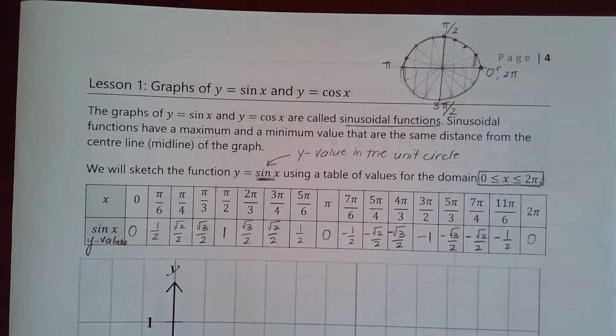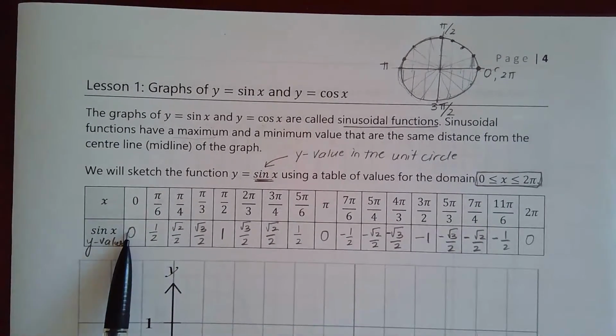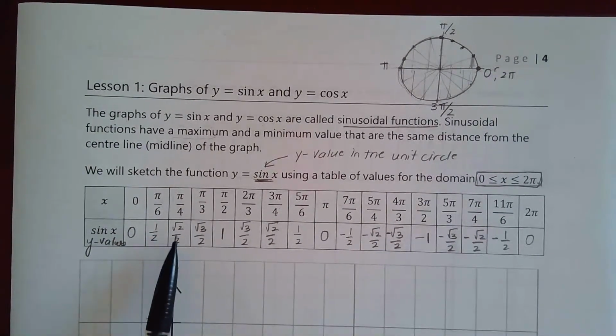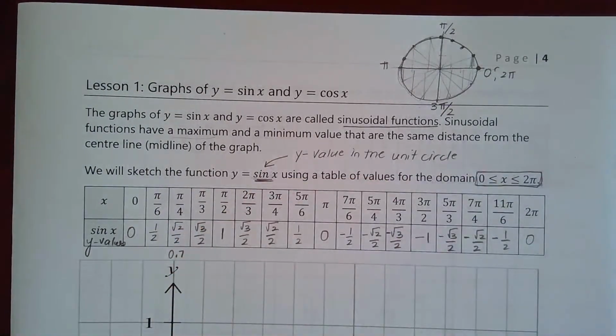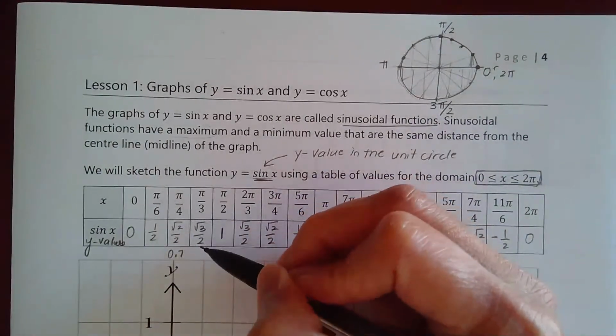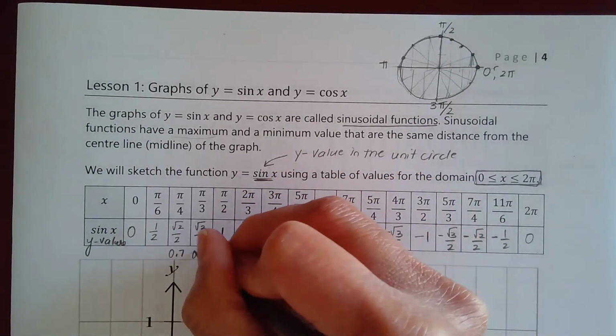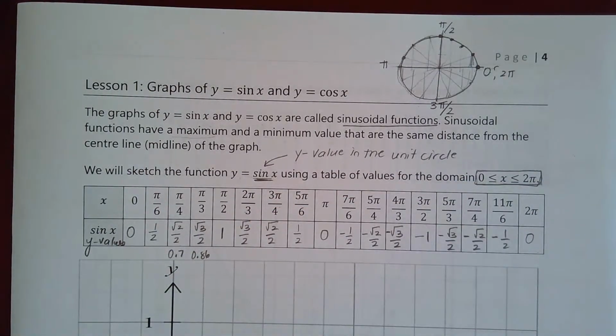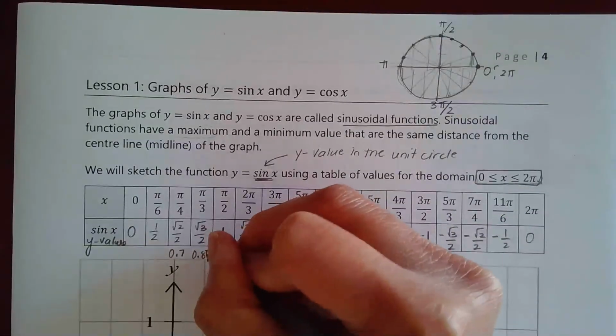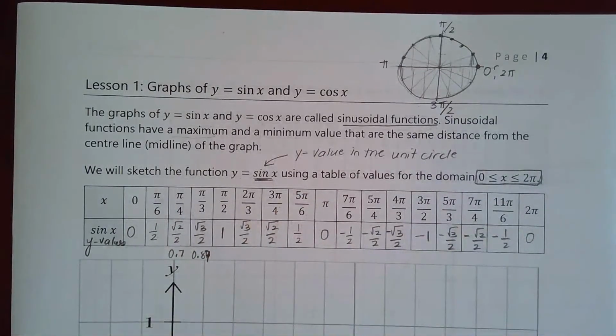So these are the things that we learned in the first half of chapter 6. So what does that mean? This is 0, this is 1/2, that's easy to graph. Well, what's √2/2? √2/2 is about 0.7. And what's √3/2? That's approximately 0.866, or 0.87 if you want to round it off to 2 decimal places.